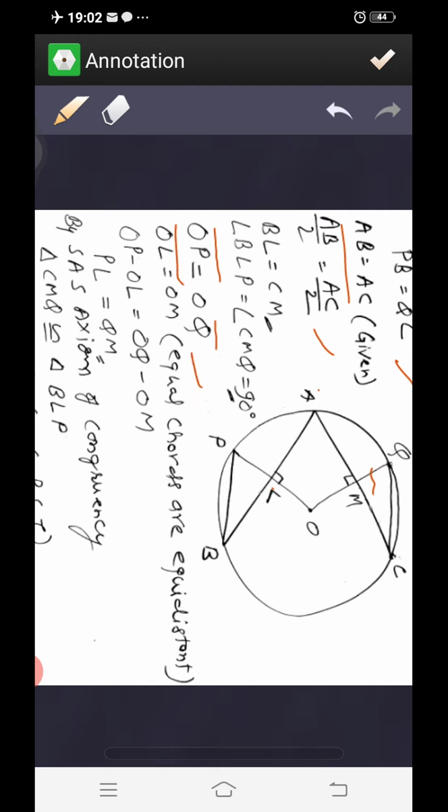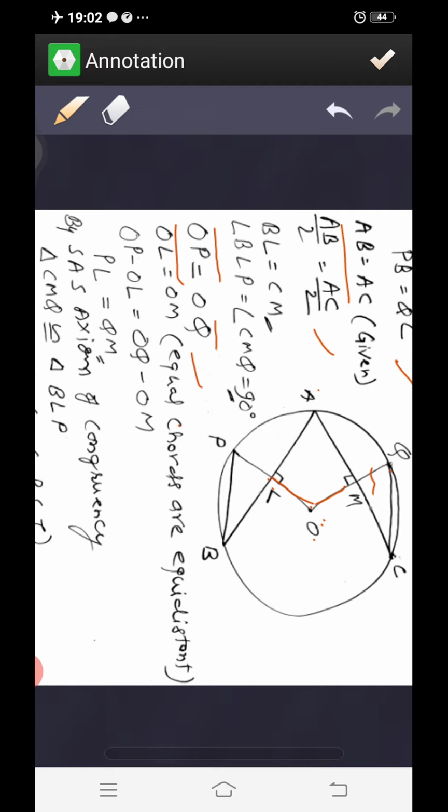How can we say? Because they are radii. OP and OQ are radii of the circle. So OP and OQ are equal. OL equals OM, because AB and AC are equal chords, and equal chords are equidistant. Therefore OL equals OM.